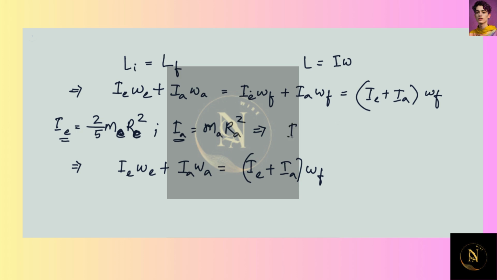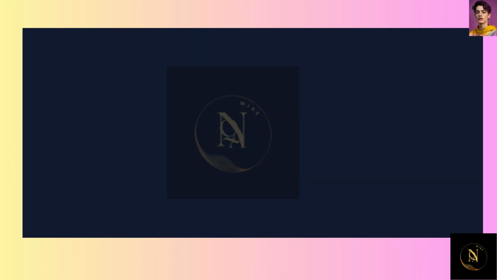So IE plus IA can be taken as nearly equal to IE, the moment of inertia of the Earth. So we write it as nearly equal to IE times omega F.